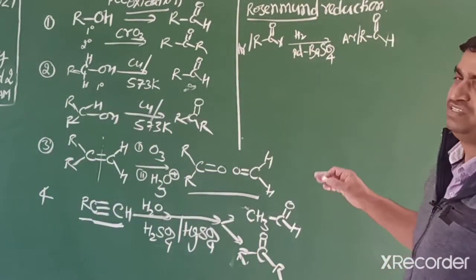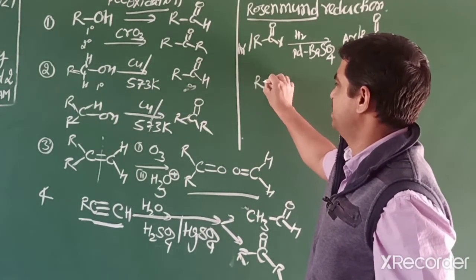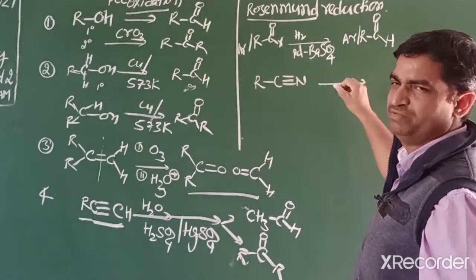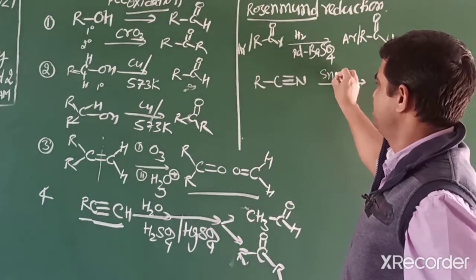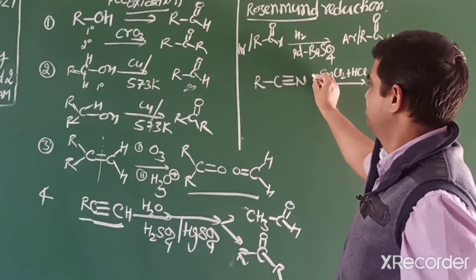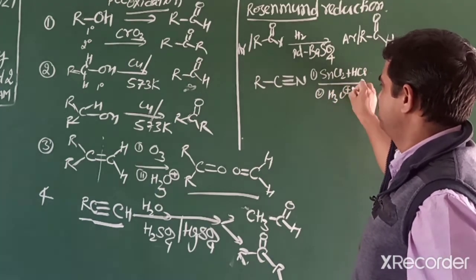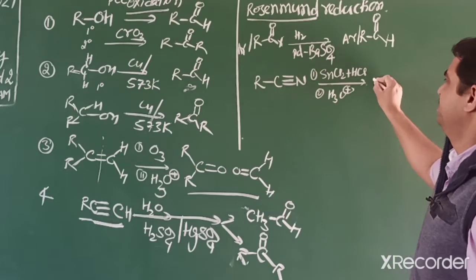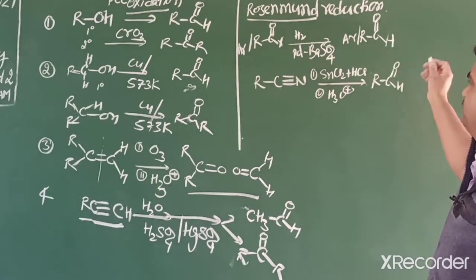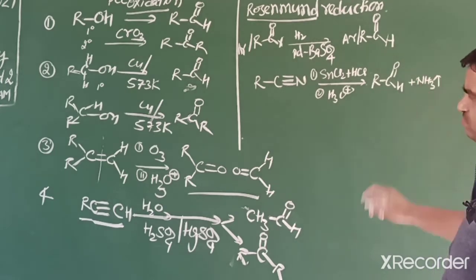Other reaction, Stephen reduction. If any nitrile reacts in presence of stannous chloride and HCl in the first step, then in the second step hydrolysis, we get aldehyde, meaning controlled reduction, and ammonia is released.